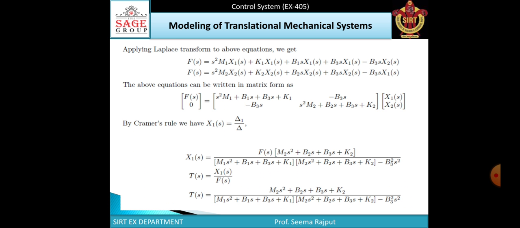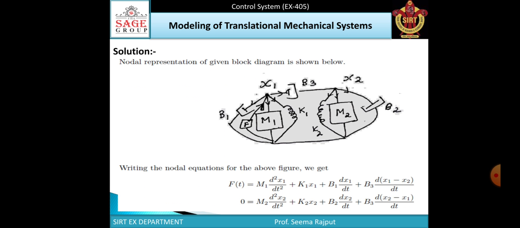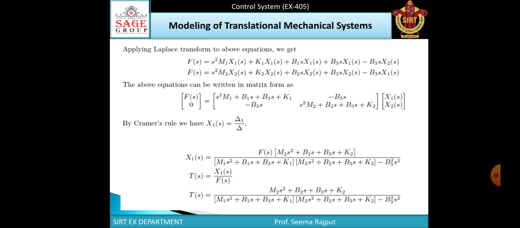In the second equation F(s) is 0, so 0 equals s² M2 X2(s) plus K2 X2(s) plus B2 s X2(s) plus B3 s X2(s) minus B3 s X1(s).